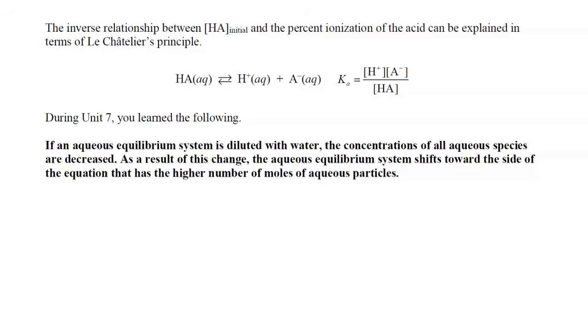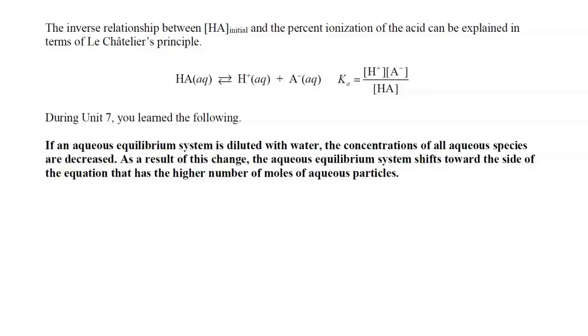The inverse relationship between the initial concentration of a weak acid and the percent ionization of the acid can be explained in terms of Le Châtelier's principle. During Unit 7, Equilibrium, you learned the following. If an aqueous equilibrium system is diluted with water, the concentrations of all aqueous species are decreased.